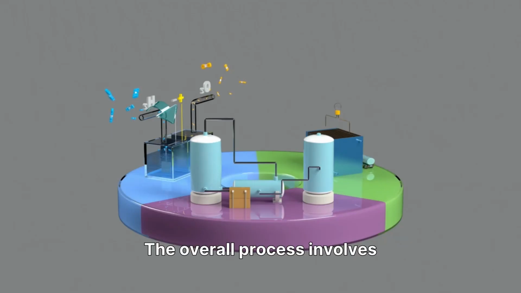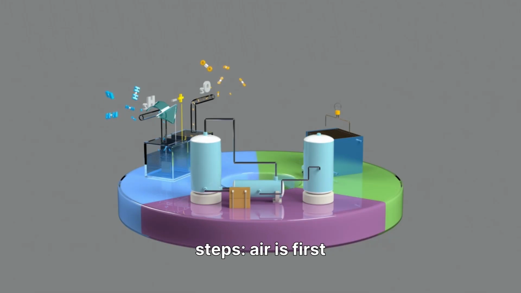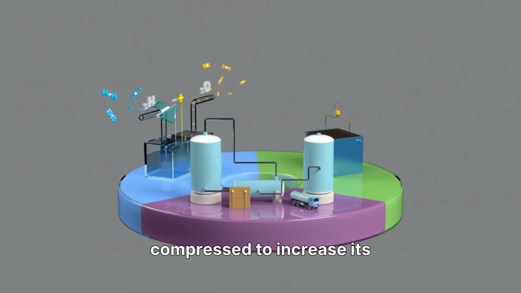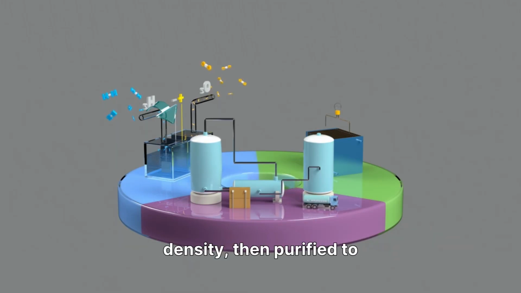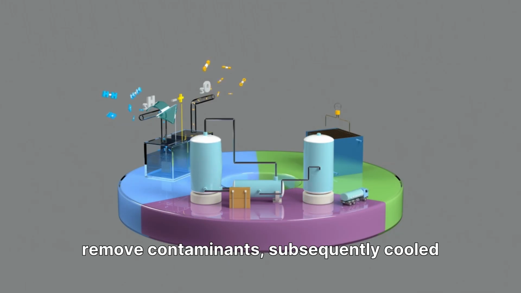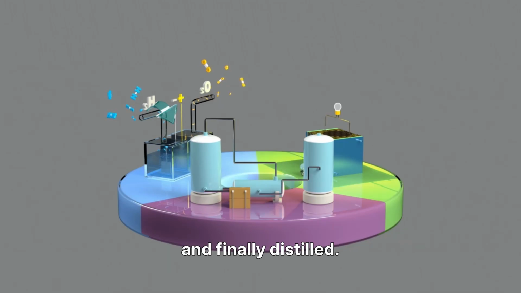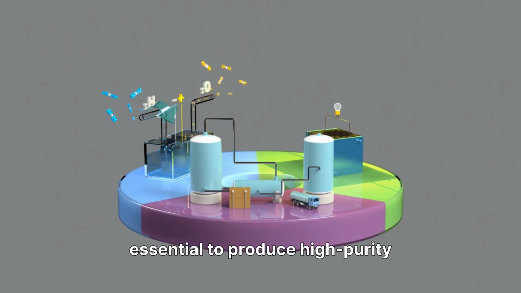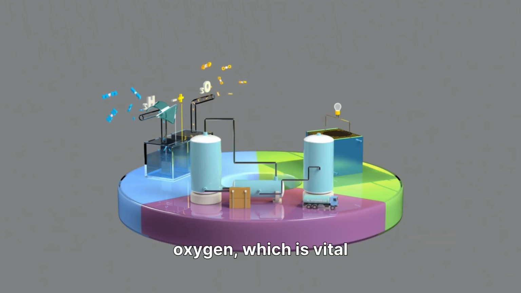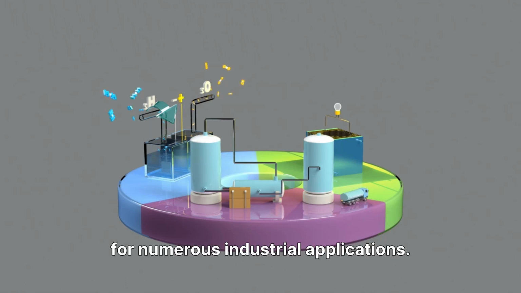The overall process involves a series of critical steps. Air is first compressed to increase its density, then purified to remove contaminants, subsequently cooled to cryogenic temperatures, liquefied, and finally distilled. This multi-stage approach is essential to produce high-purity oxygen, which is vital for numerous industrial applications.